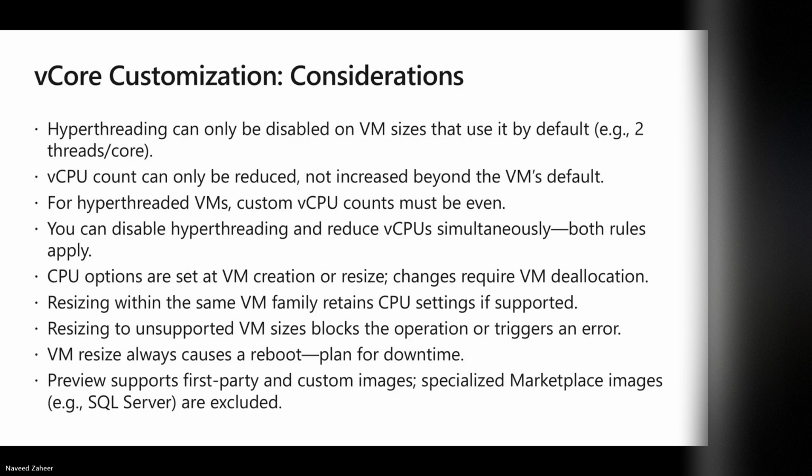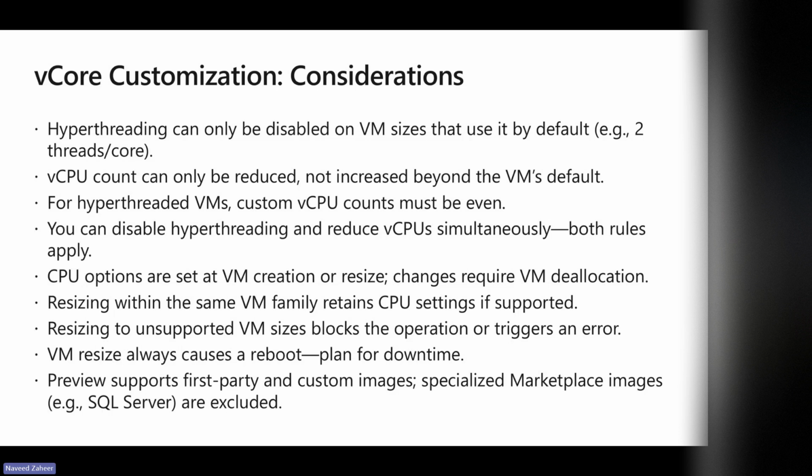Number two, for the vCPU count, you cannot increase it. It's not like you have a 4 vCPU VM and can make it an 8 vCPU VM. No, you cannot do that. It's only down.